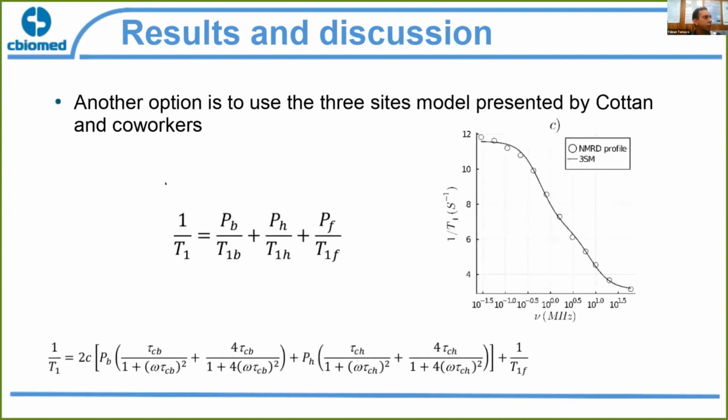Another way to represent and fit these stretched NMRD profiles is using the three-site model suggested by Cotton and co-workers, where we have a fraction of bound water, a fraction of hydrated second layer of water, and free water. If we use that model, we can see inside the brackets the correlation times associated with those binding sites.